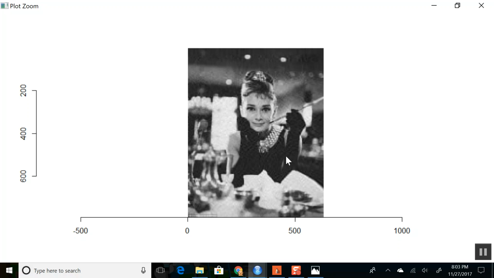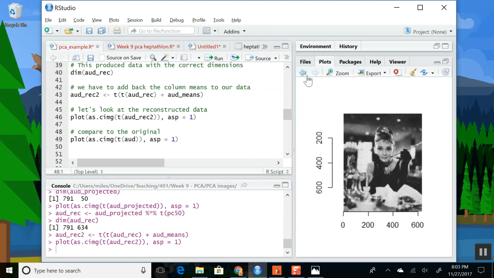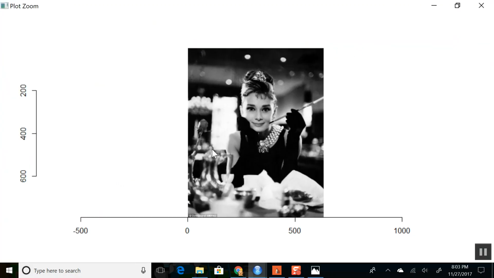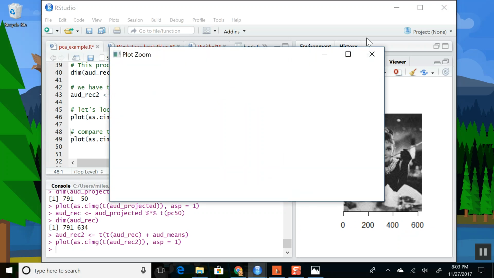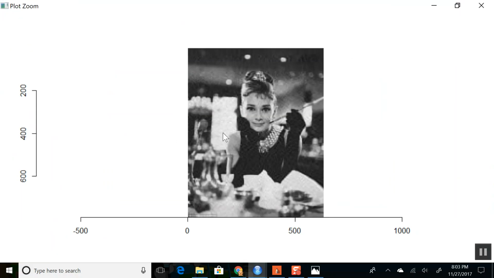If we compare this to the original image, this is the original image, full quality, versus where we've projected it down to just 50 columns, and we do see some blotchiness and graininess, but you can still definitely tell who this is, and it's an image, and you would recognize that this is Audrey Hepburn from Breakfast at Tiffany's.